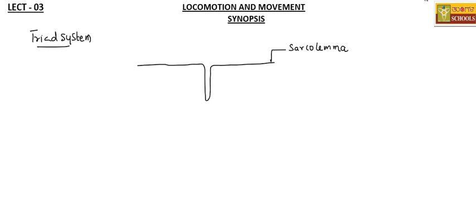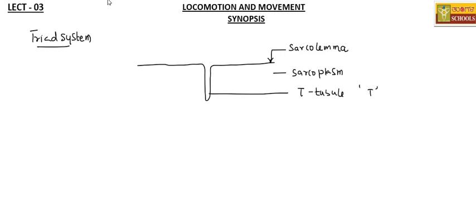Okay, so this is the sarcolemma, right? And it forms an invagination into the sarcoplasm, and this is what we call a T tubule.